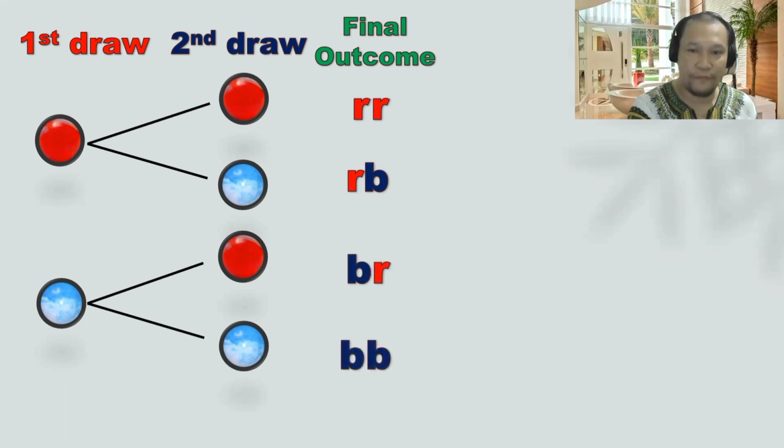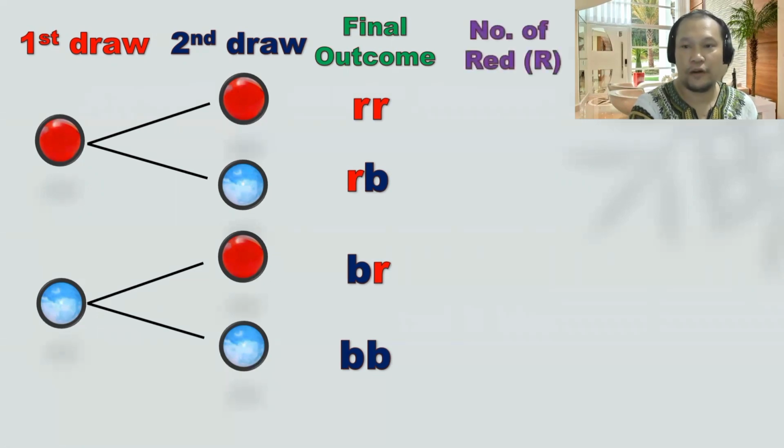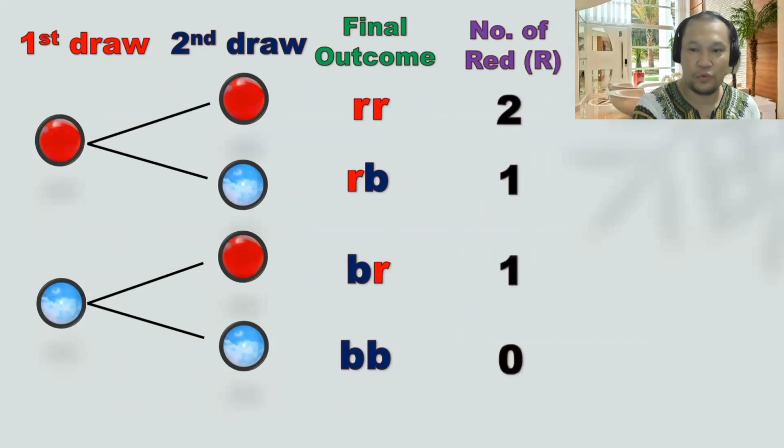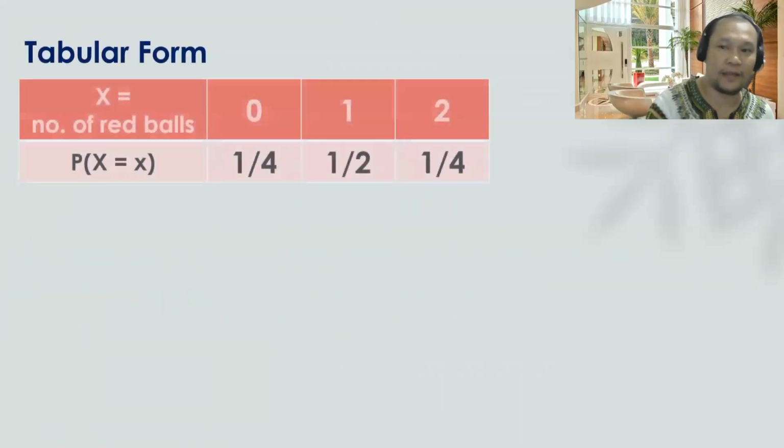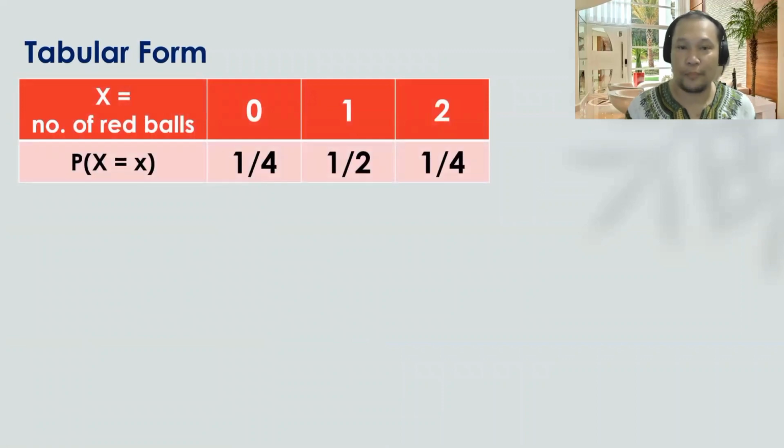And since our focus is to determine the number of red balls that will be drawn from the given four red and three blue, we can now have the number of red balls. We have 2, 1, 1, and 0, which leads to the answer to our problem.